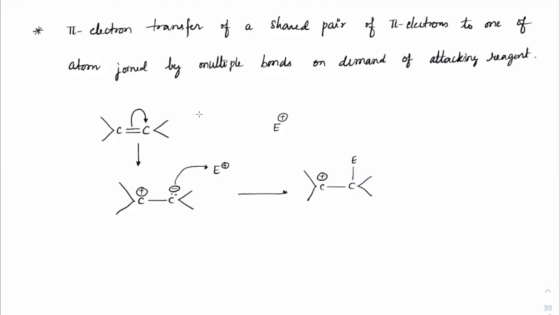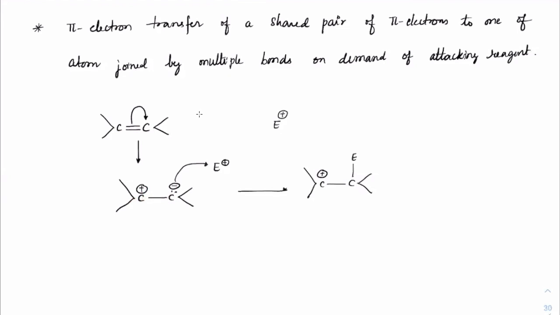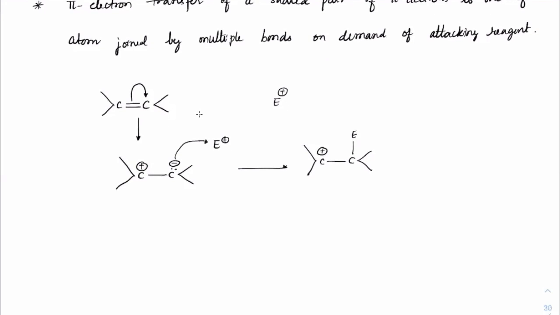Now in this type of attack, within the species the pi bond is moving onto the carbon itself, correct? So this type of effect is called positive electromeric effect, or plus electromeric effect.